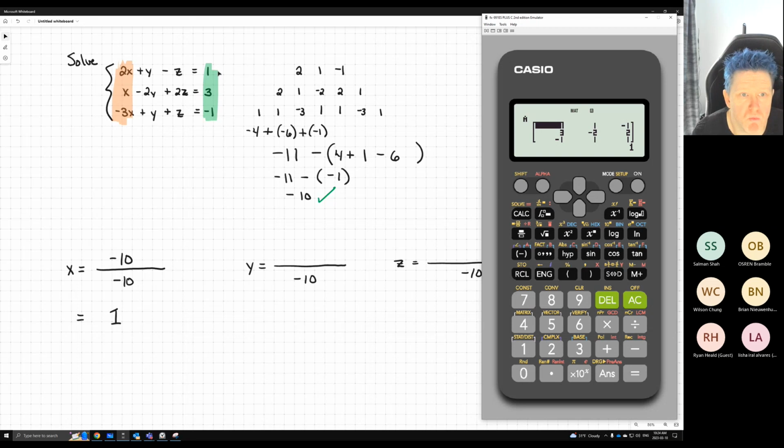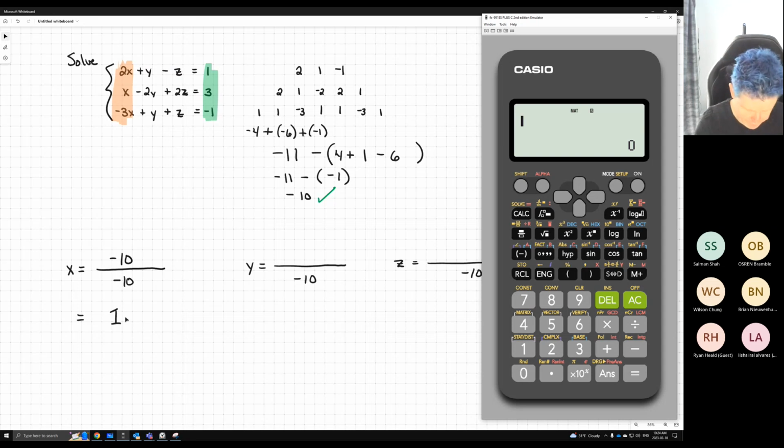And it should be 1, 3, -1, 1, -2, 1, -1, 2, 1. That's correct. And so it must be correct. Okay, -10 divided by -10 is 1. So apparently x = 1 is my first part of my solution.